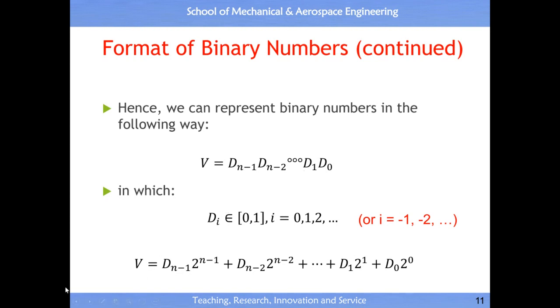And this sum is equal to the value represented by the series of digits. So we have a series of digits. For the binary system, the value of a digit is equal to 0 or 1. Okay? And the position of a digit could be positive or negative. Positive means the position is on the left-hand side of a decimal point, but later on we'll show you what a decimal point is. On one side of the decimal point the positions are positive; on the other side, the positions are negative.